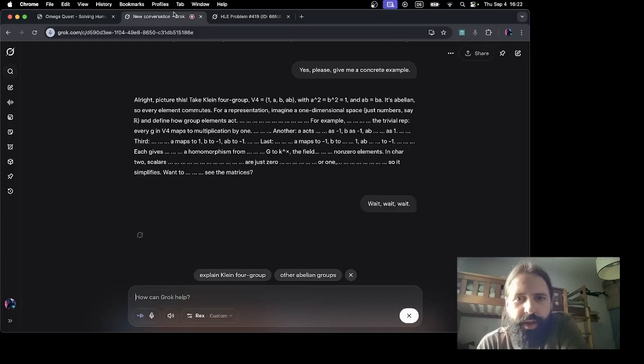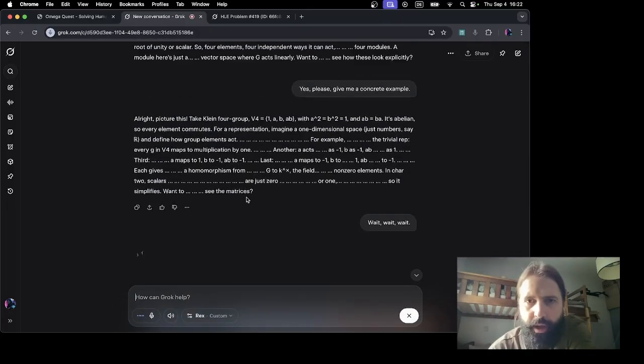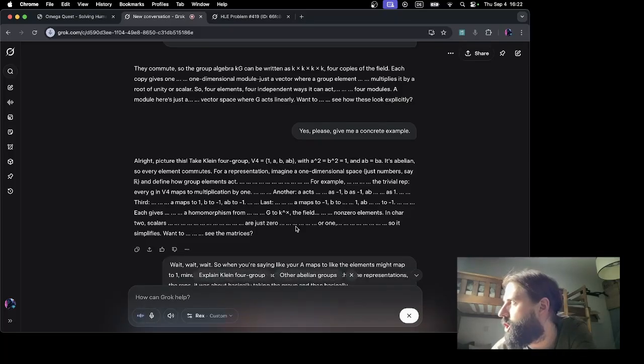Wait. When you say the elements map to 1 and -1, why is that? I understood that representations are about taking the group and turning each of the elements into a transformation matrix, right?